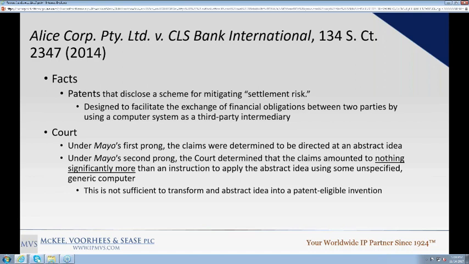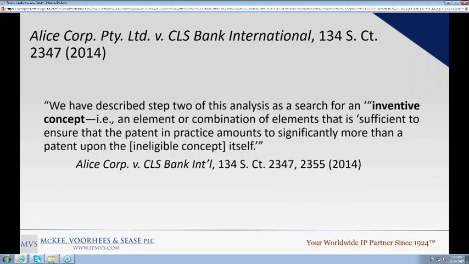And so they threw out this term inventive concept and said the second prong asks: are you taking a law of nature, an abstract idea, or something excluded, not limiting people from using that in its entirety, but doing something inventive with it? In this case, they said they're not really doing something inventive with it, and they used that inventive concept language. You can see that here.